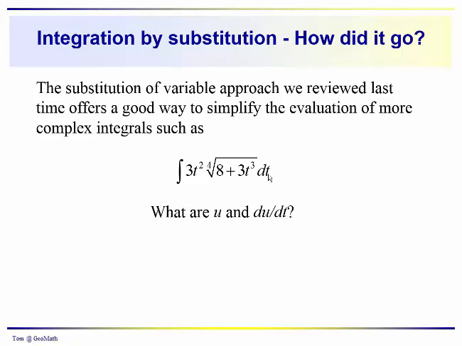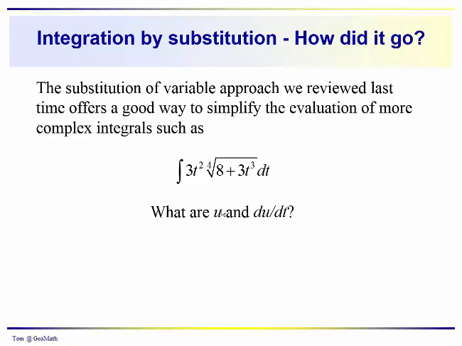If you want to use integration by substitution, you pick some part of this integrand which you can refer to as u, and then you calculate du dt to get rid of the other t terms if you can. And if you can, this turns out to be a useful method for obtaining the integral of complicated integrands.